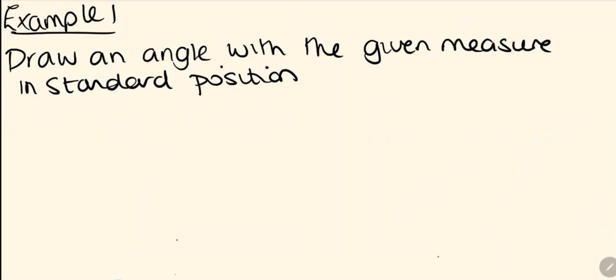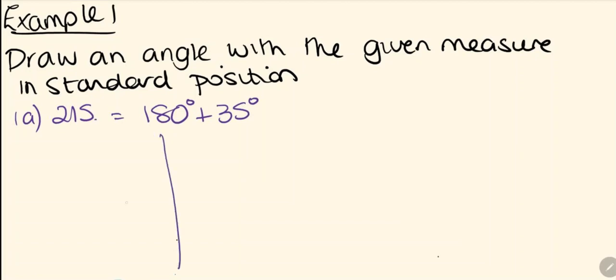Okay, example 1. Draw an angle with a given measure in standard position. So we have 215 degrees. The first thing we're going to do: 180 is half a turn, and then we need to add on an extra 35 degrees to get to 215. So this is what it's going to look like. X, Y, 0, 90, 180 and 270.